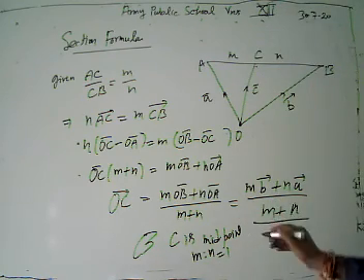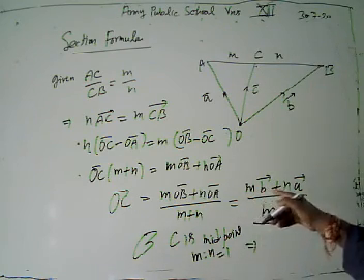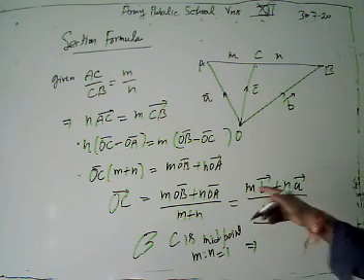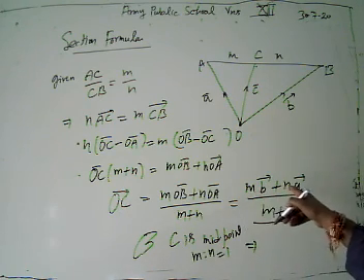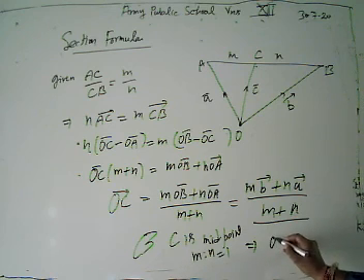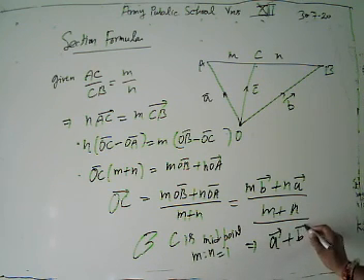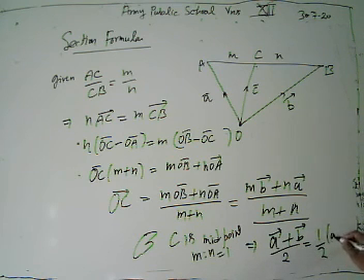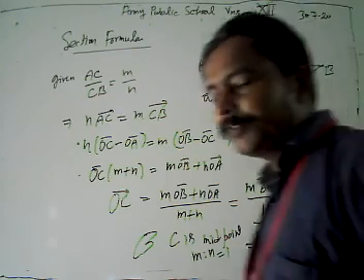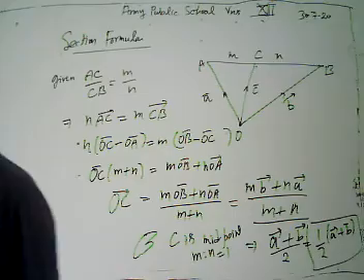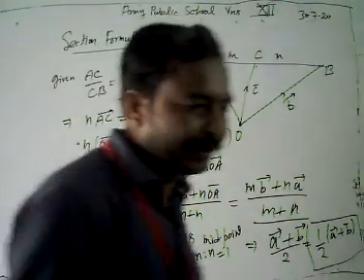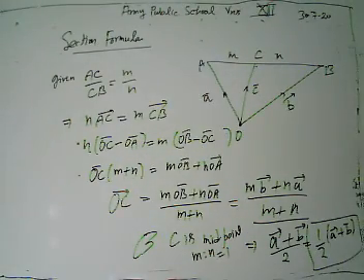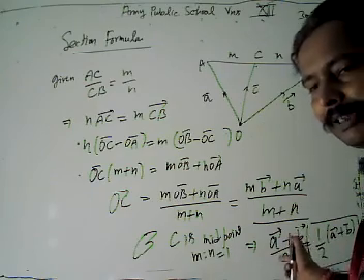Then 1 plus 1 is 2, so our midpoint formula for vectors is (vector a plus vector b) by 2, or also 1/2 of (vector a plus vector b). If we have to find the midpoint of two vectors, the midpoint formula is 1/2 of the sum of the two vectors a plus b.